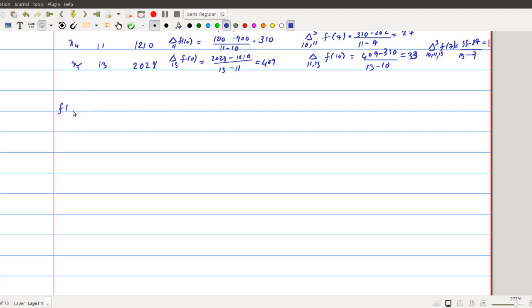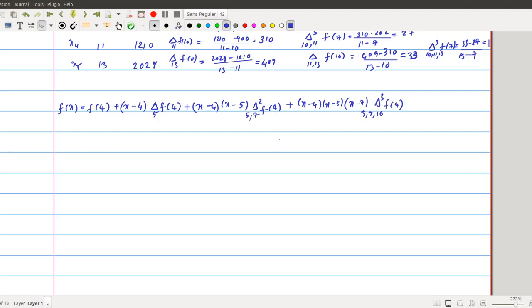First we write f of x, that will be f of 4, this is x naught, plus x minus 4 into delta 5 of f of 4, plus x minus 4 into x minus 5, that is x1 is 5, into delta square 5 7 f of 4, plus x minus 4 into x minus 5 into x minus 7 times delta cube 5 7 10 of f of 4.